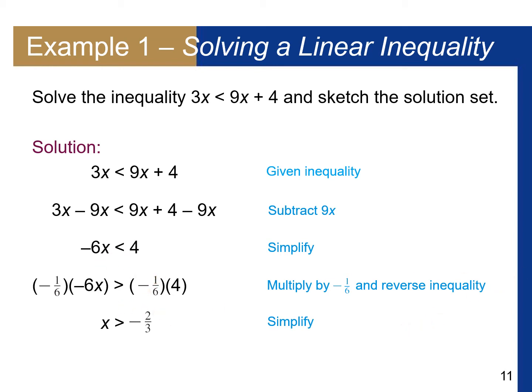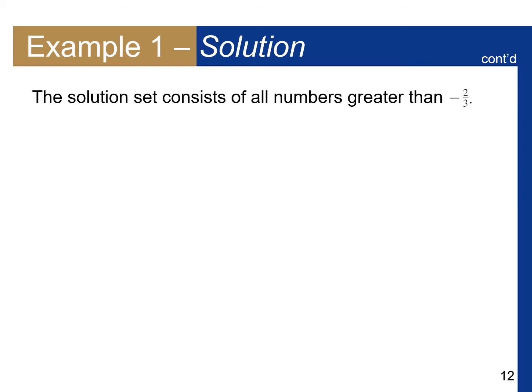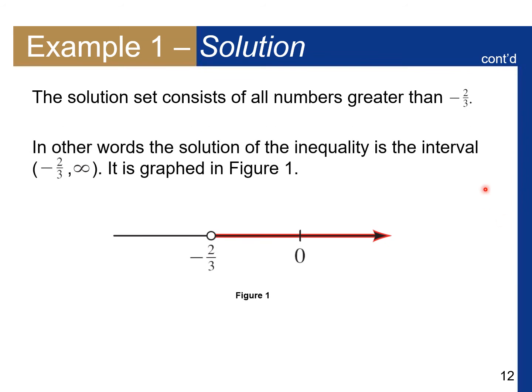Finally, we simplify. Now, when we put that onto a real number line, notice we only had x greater than negative 2/3, so the circle is an open circle, and then we shade everything to the right. So from negative 2/3, but not including negative 2/3, to positive infinity.